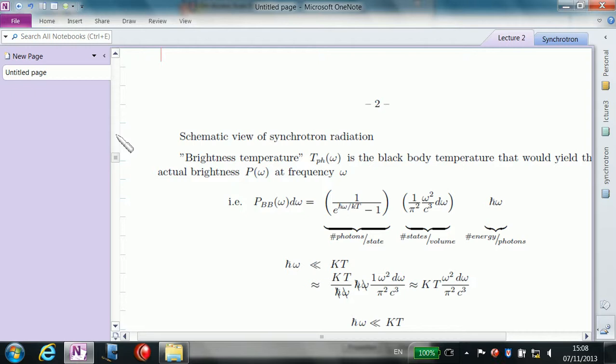When the brightness temperature of the emitted synchrotron photons exceeds the effective kinetic temperature of the electrons that emitted those photons, it goes back into the electrons, except that the electrons were doing the emitting in the first place, so it just means that you have no net emission.